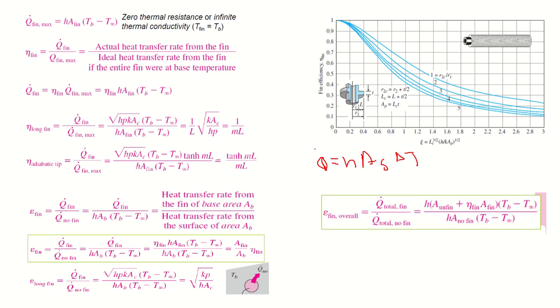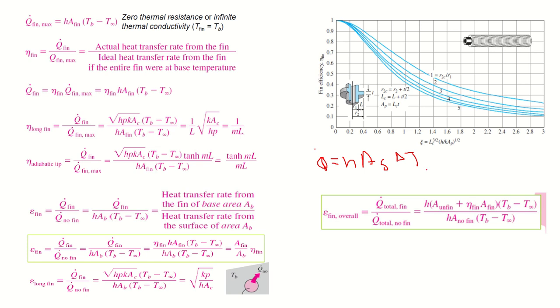You have also seen in the lecture how the fin equation was developed, and you had different boundary conditions, like an infinitely long fin, negligible heat loss from the fin tip, specified temperature, as well as specified convection from the fin tip.